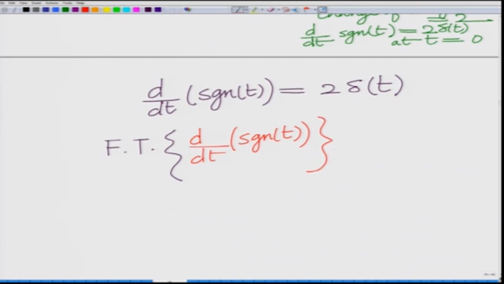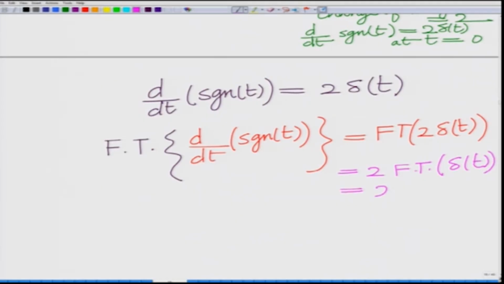Therefore, the Fourier transform of d by dt sgn t equals the Fourier transform of 2 delta t, but the Fourier transform of 2 delta t is simply 2, because, or we can write one more step, that is twice the Fourier transform of delta t, which is equal to 2.